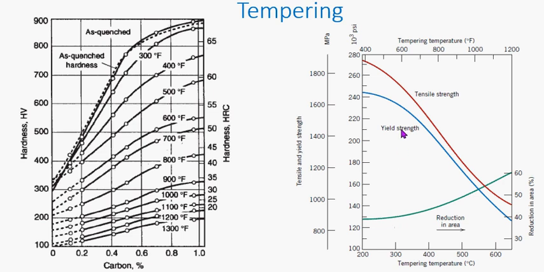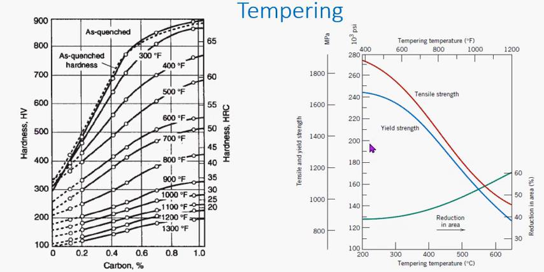So at 300 you can see the strength has begun to go down, though we gain some portion of ductility, but the higher the ductility we gain, the lower the strength. As you can see at 500, the amount of ductility we can get is about 50% reduction in area, but the strength has fallen to around 1200 megapascal.